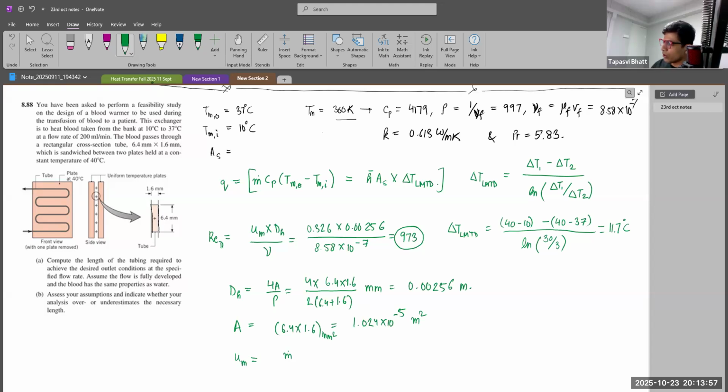So from this, I calculated the mean velocity, which was m dot over rho times AC. What is m dot? You can assume that m dot is rho A V, right? So rho times AC times u, this is how we want to get u.